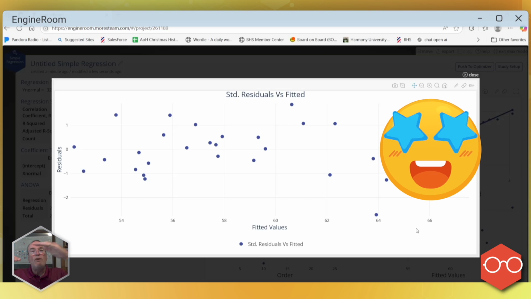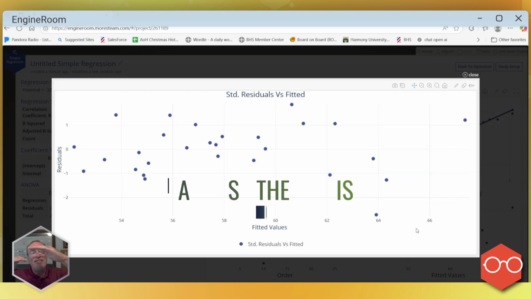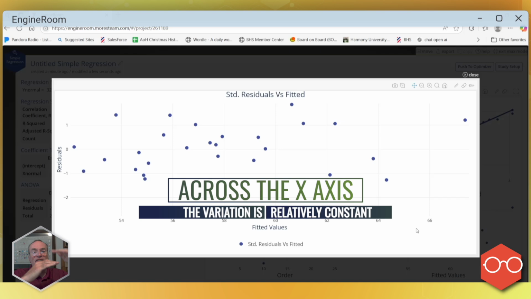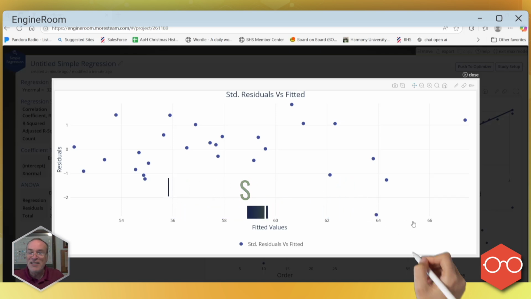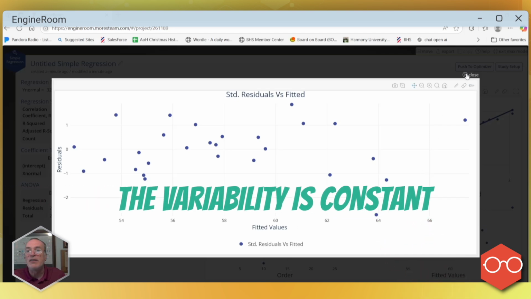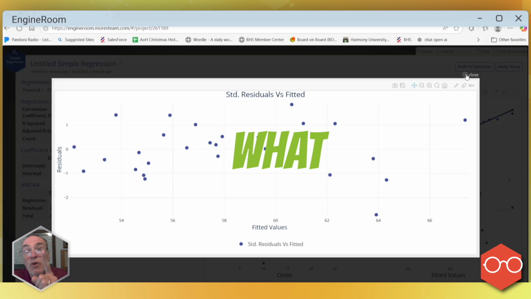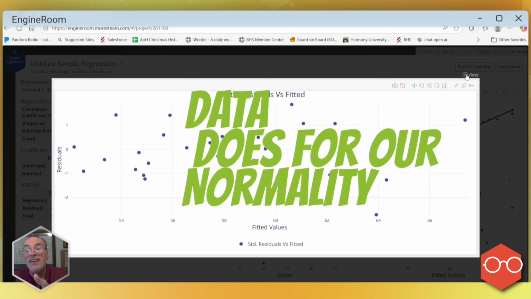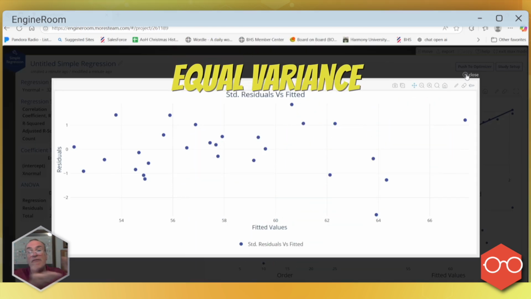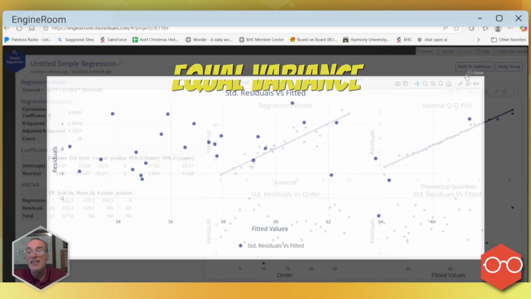And what we want to see is across the x-axis, the variation is relatively constant. And with the exception of this little point hanging out here, for the most part, the variability is constant. This is what normality does for our data. It creates equal variances across the x-axis.